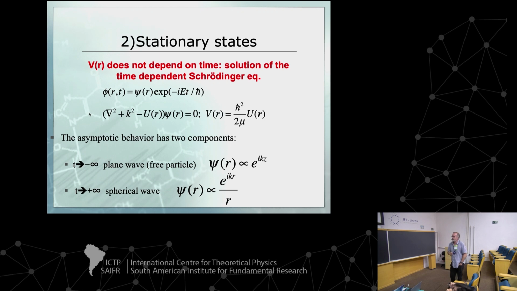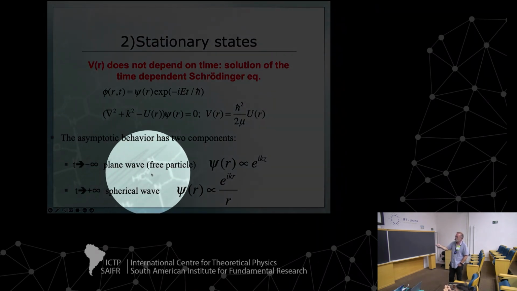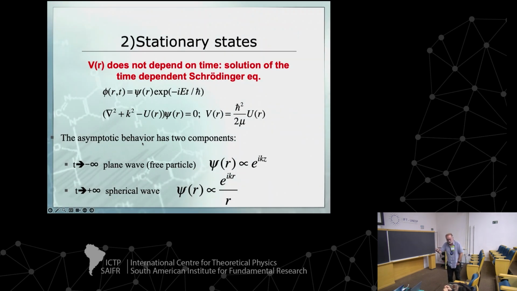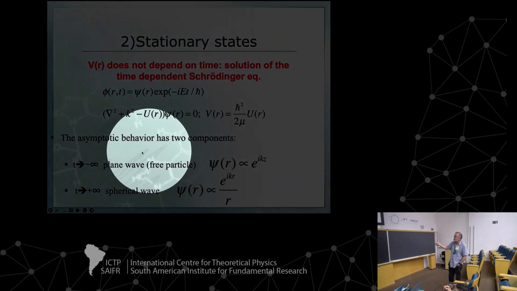And we have two asymptotic behaviors that we can get for the problem in question. We have for t minus infinity, the plane wave, the free particle. This is the incident particle that comes freely flying and has just a plane wave to describe it.